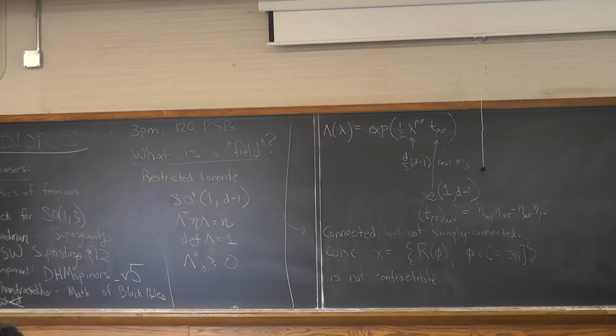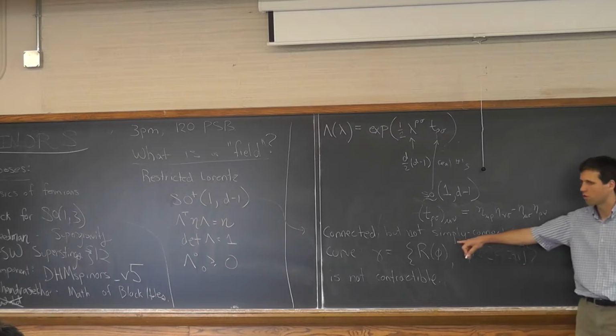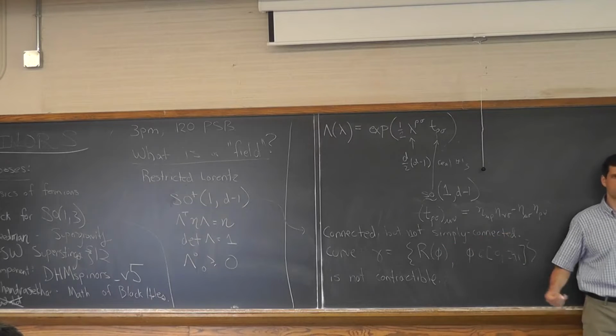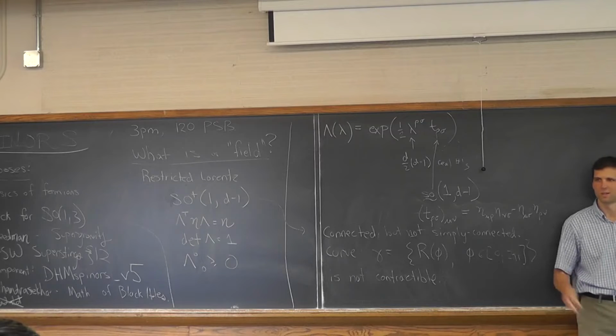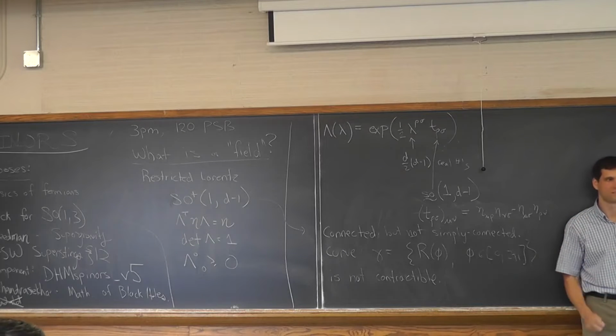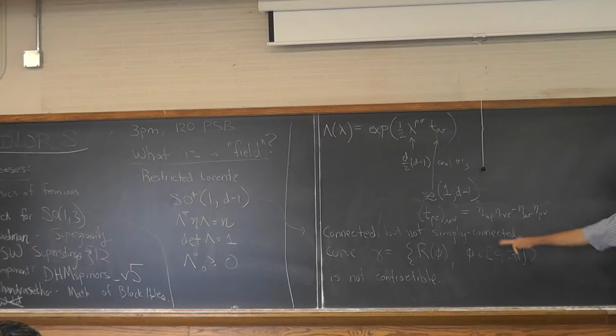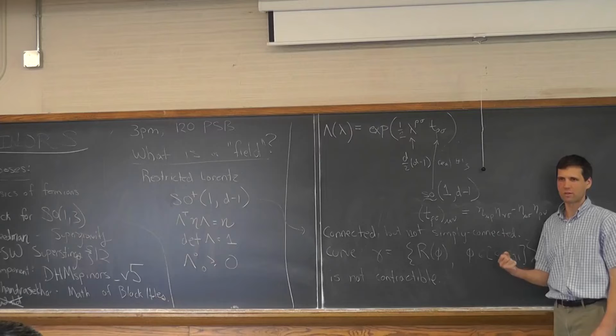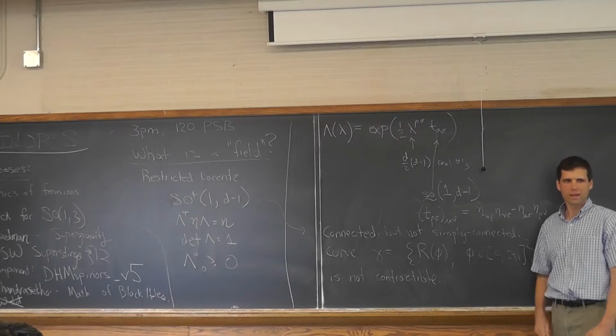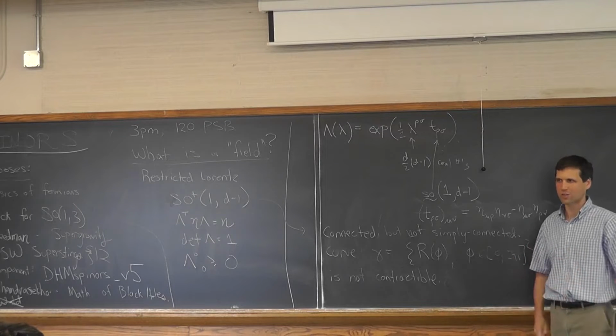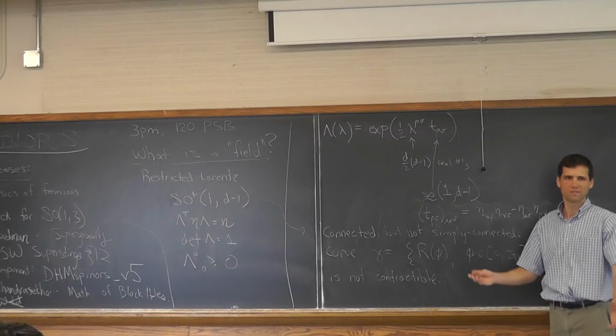How do we picture this? You can think of this curve as the procedure that says rotate an object by 2 pi. Okay, so that's the whole curve, right? It's not the rotation at the end. It's the whole procedure of rotating it. And the procedure of rotating an object by 2 pi cannot be continuously changed to the procedure where you do nothing.